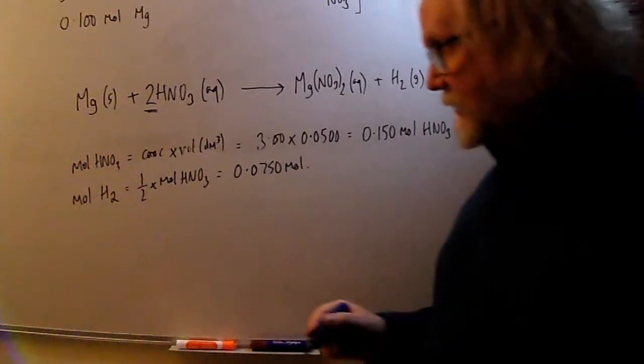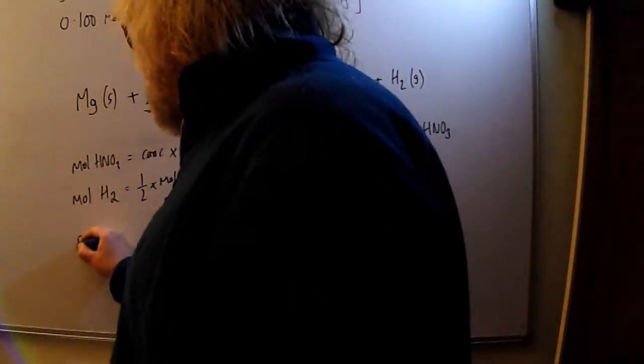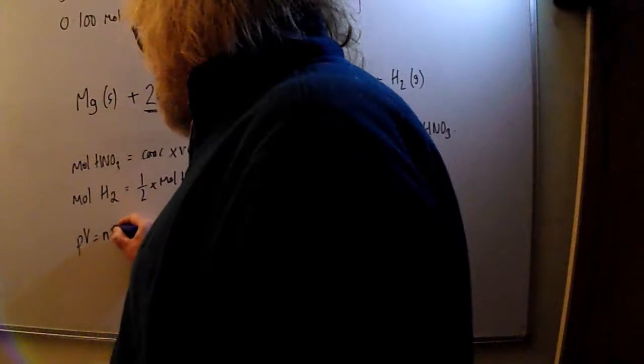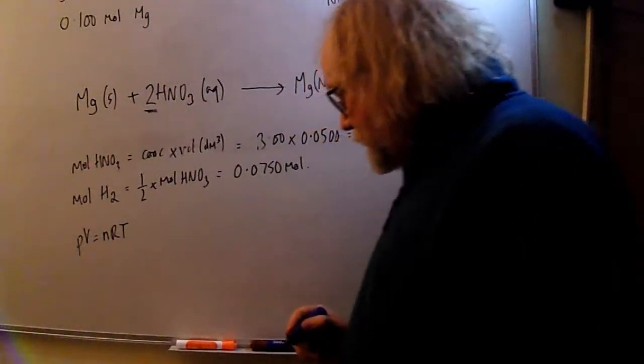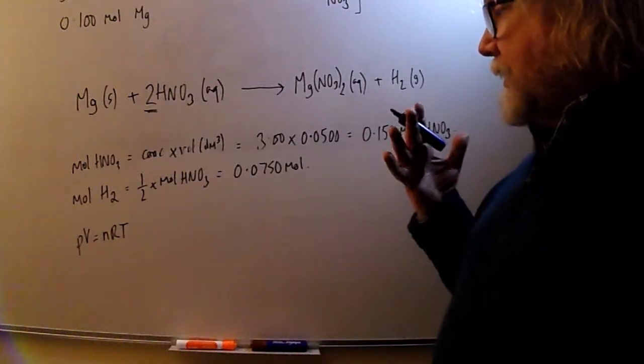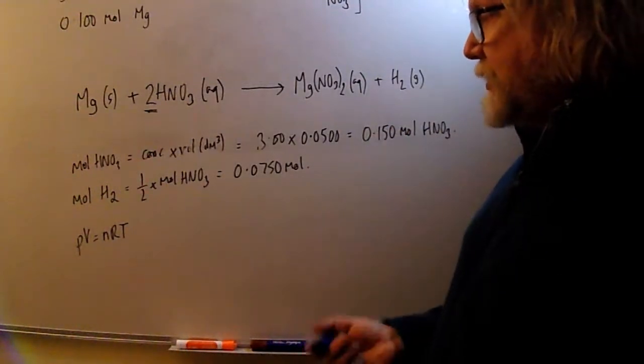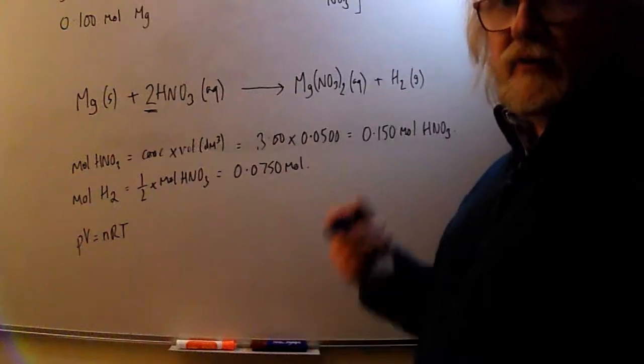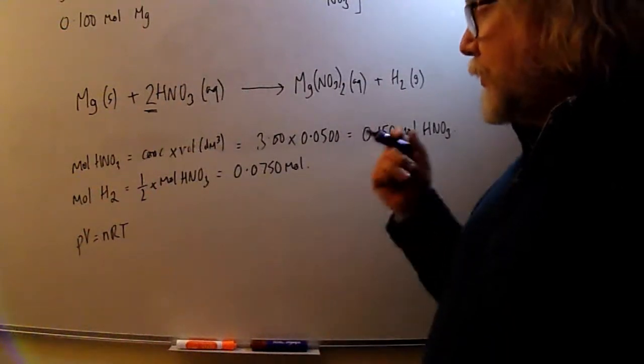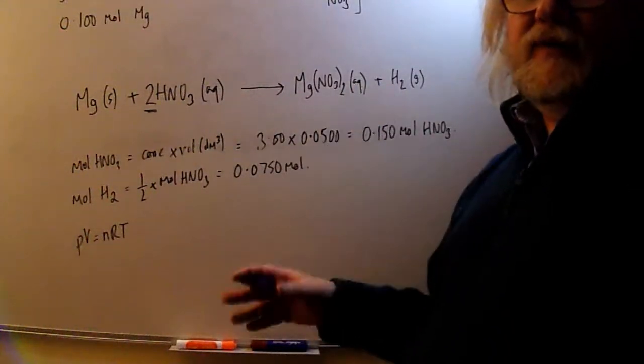So we've got to use the ideal gas equation, which you need to have learned. Okay, so we start with PV equals nRT, and we want to solve that for V, so we've got to rearrange it, and you should always write down the rearranged equation before you put numbers in it, not just for this but for everything.